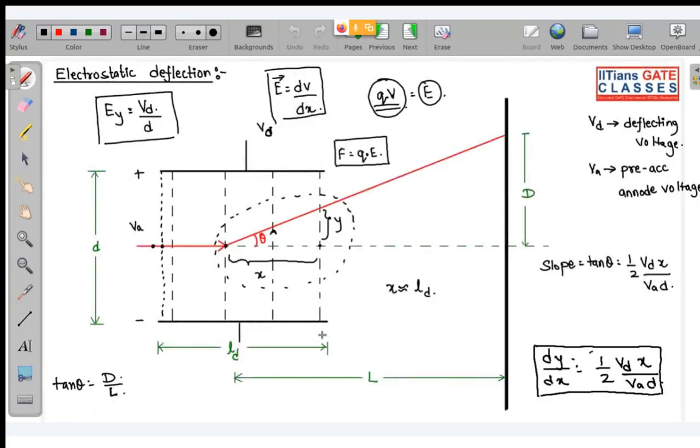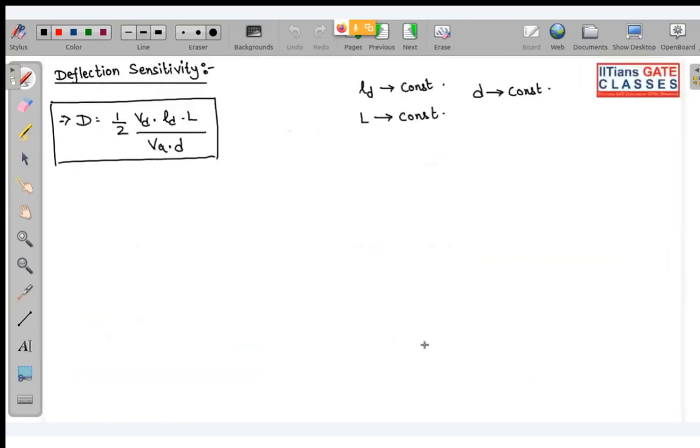LD is this, d is the distance between the plates, and L is this distance. This is constant. You cannot change any of these. What all things can you change? You can change either VD or VA.